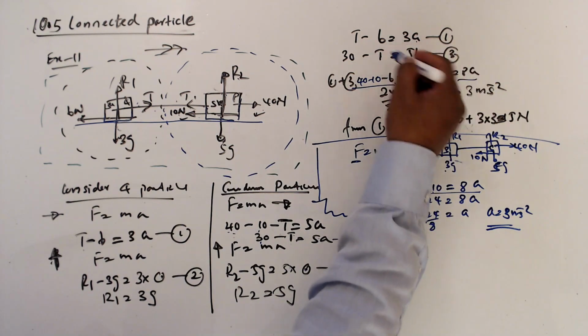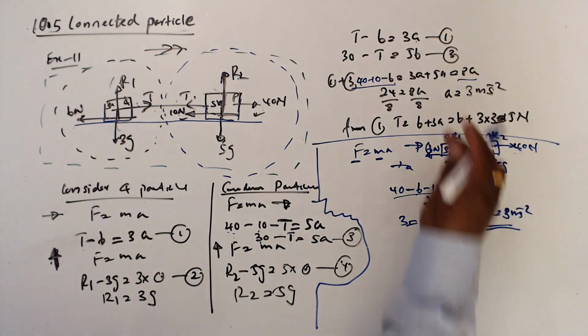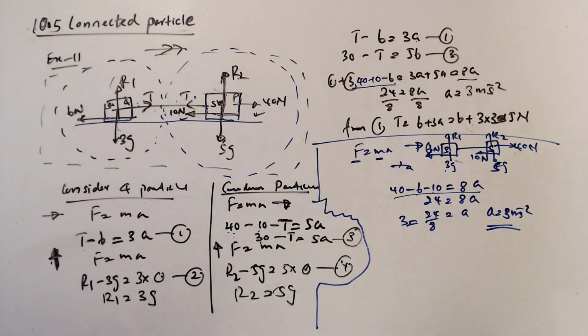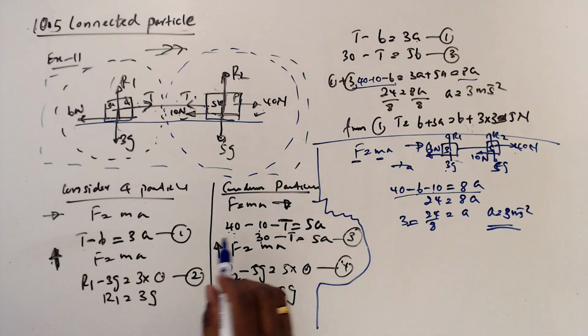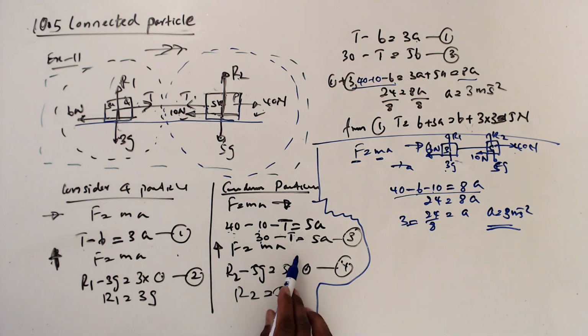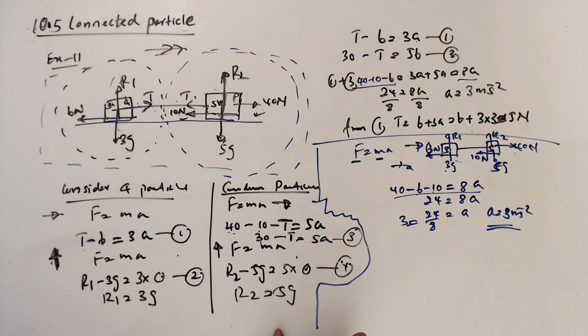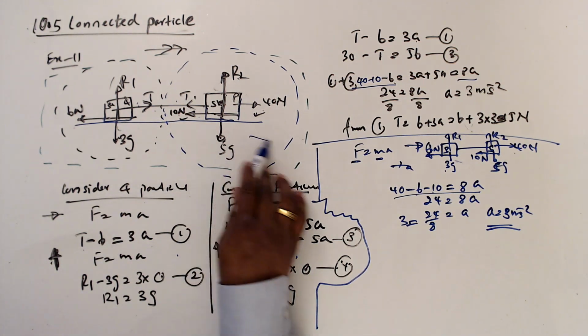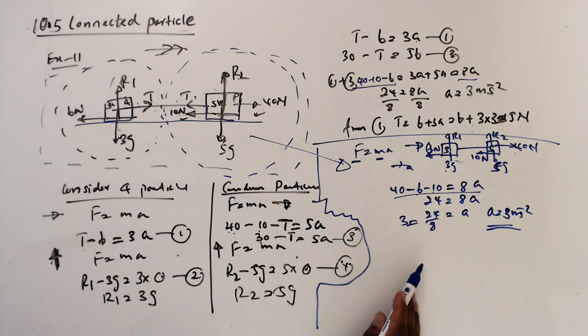When you add those two together, you will get this. So for this sum, a person can work out either this one and this one, or the other option is you go straight to this one and find the acceleration.